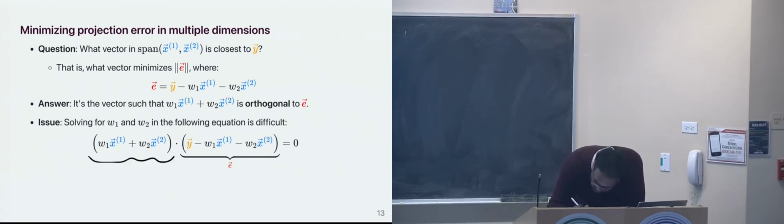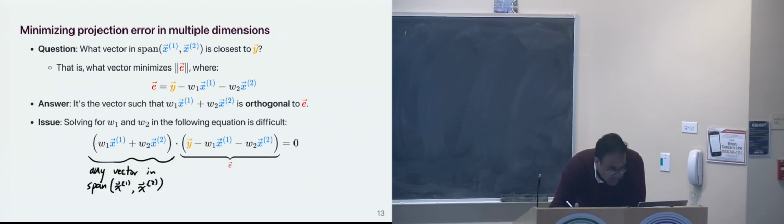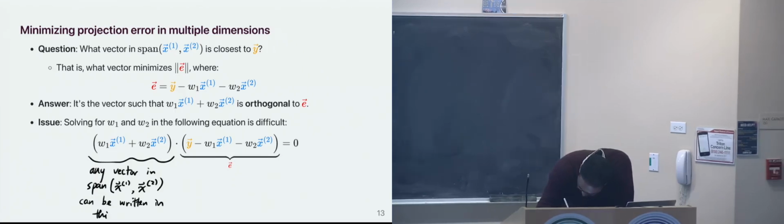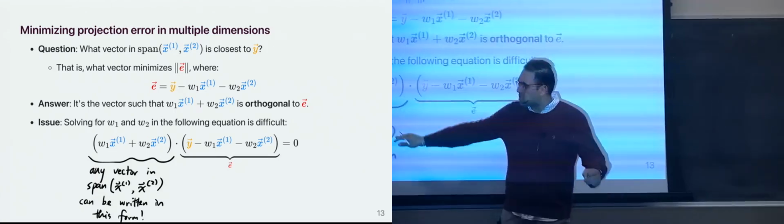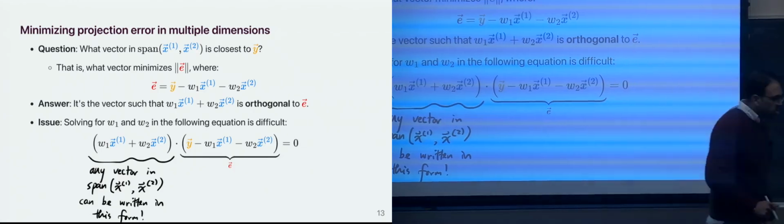What I've written here is w1 x1 plus w2 x2, and the point is that any vector in the span of x1 and x2 can be written in this form. And so what I've written first is a vector in the span of x1 and x2.